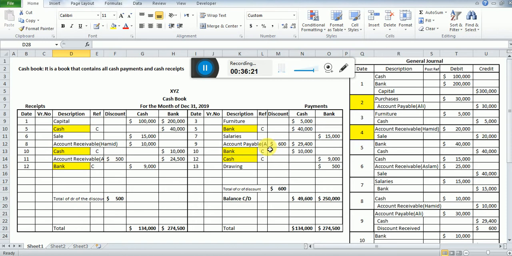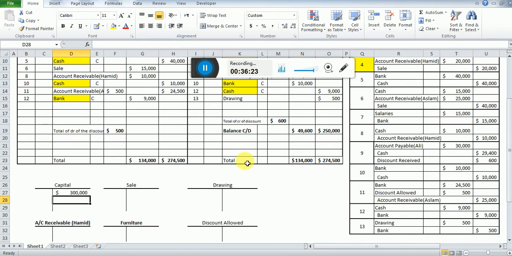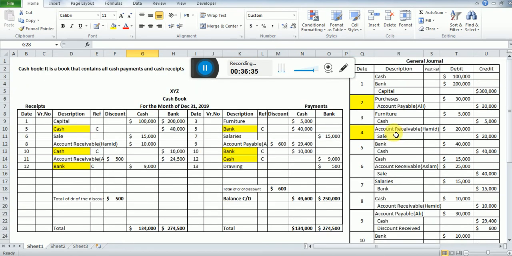So look here, dear students, the sale account you have to credit $20,000. I'm not putting the description here, simply the values. So we have posted the sale account credited $20,000 because of account receivable. Do we have any other sale account here? Yes, another is here.